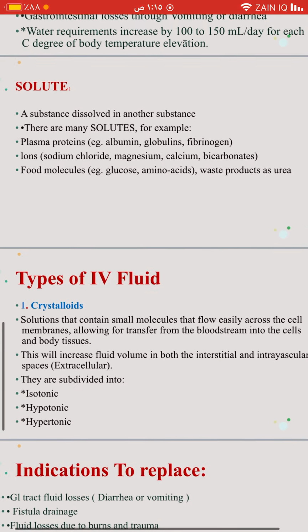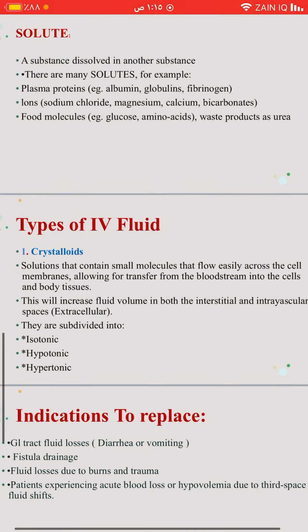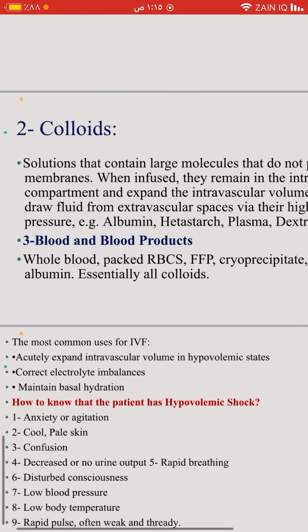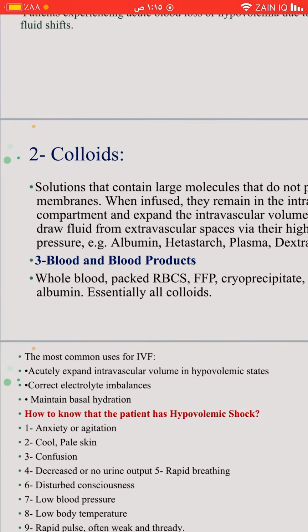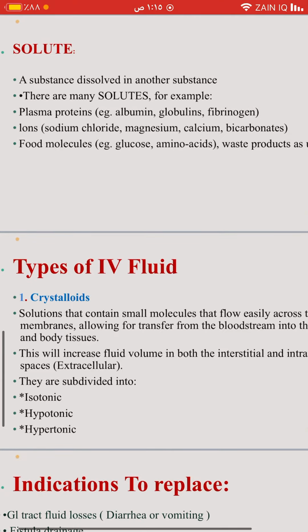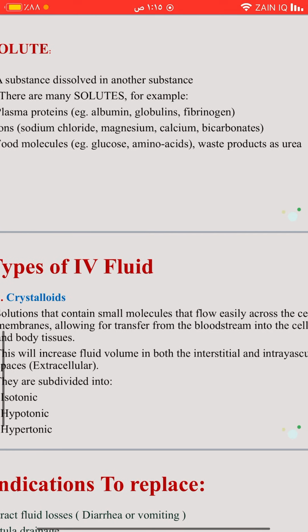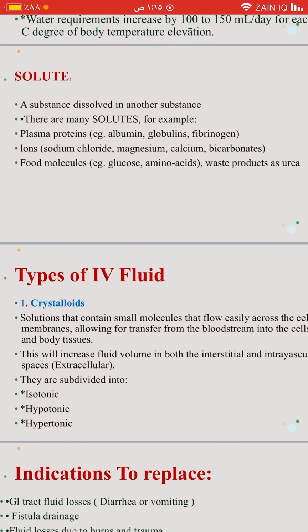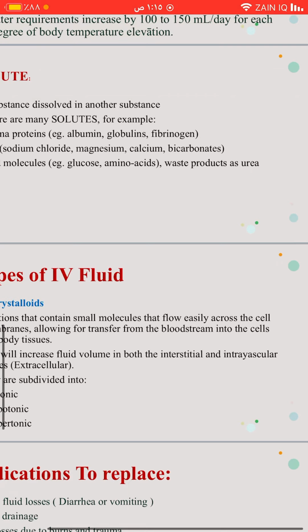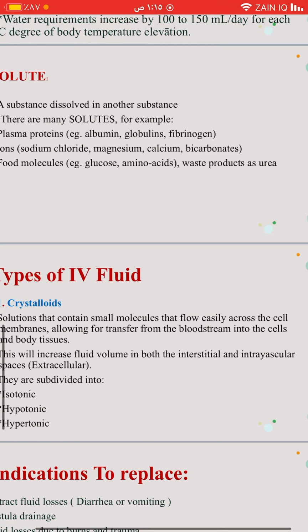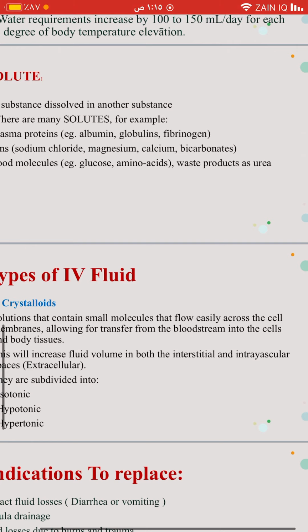Types of IV fluid اللي هي: الكريستلويد والكولويد والأخيرة اللي هي blood and blood products. نجي هسه الأول وحدة اللي هي الكريستلويد: solutions that contain small molecules that flow easily across the cell membrane, allowing transfer from the bloodstream into the cell and body tissue. This will increase fluid volume in both the interstitial and intravascular space.